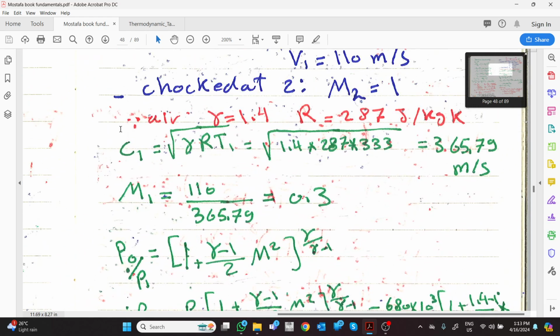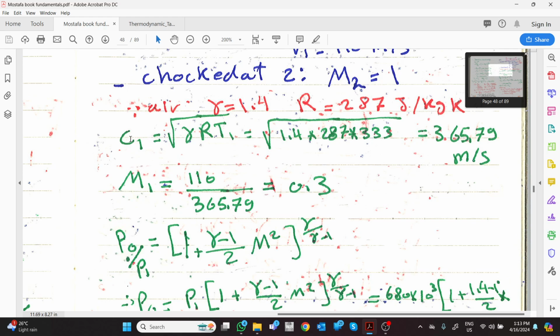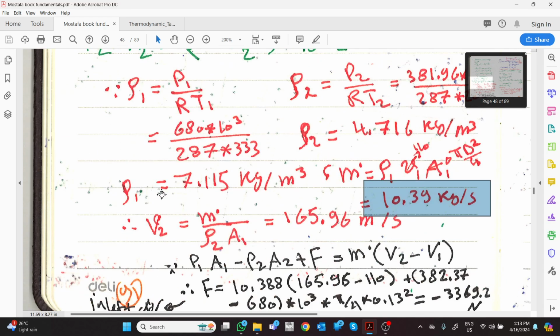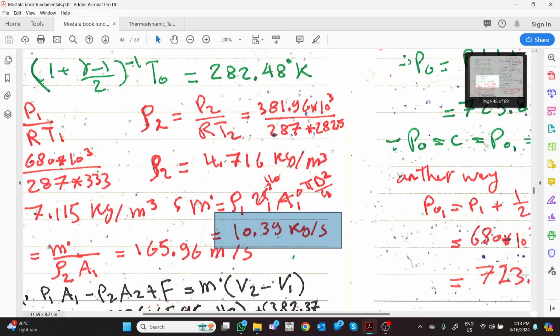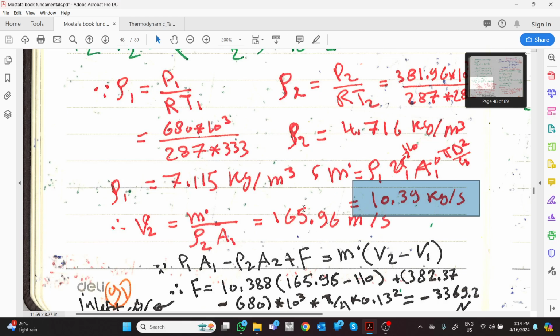From Mach number equal 1 I can calculate C, the speed of sound. It is not constant, based on T1 and T2, so C2 equals the square root of gamma R T2. So I can calculate C2, equal to velocity 2, or I can calculate it based on mass flow rate. Mass flow rate is rho1 V1 A1.